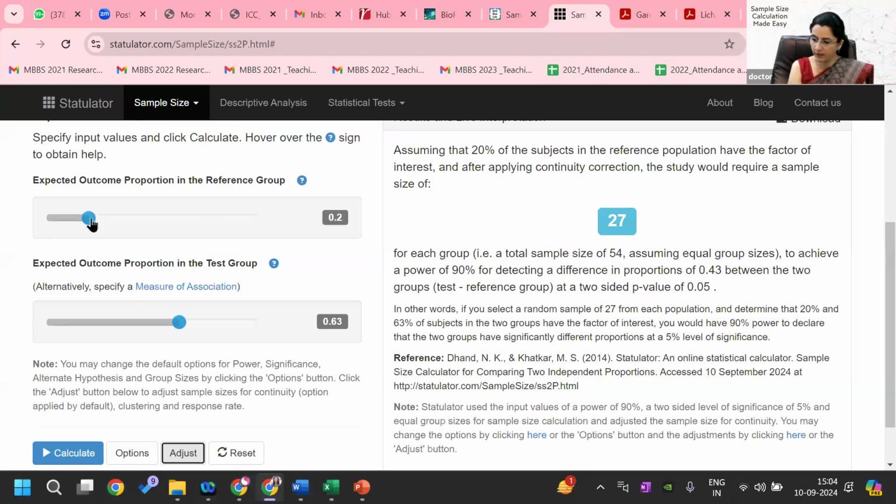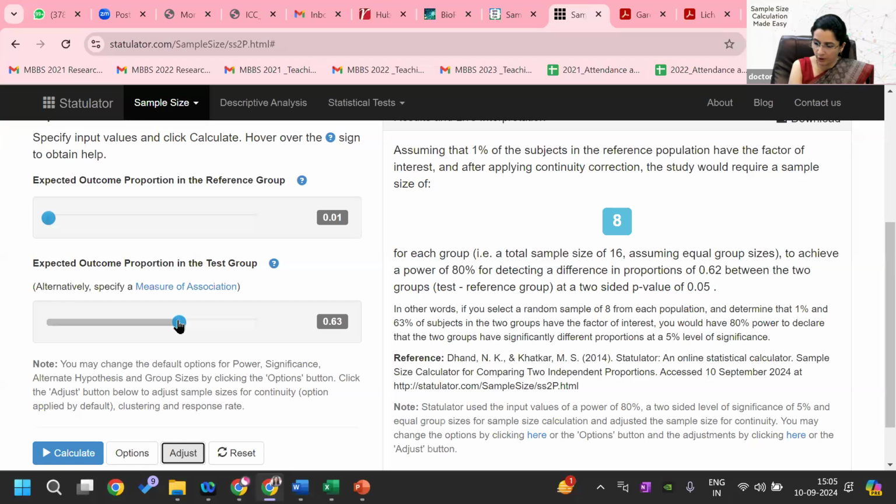What was expected? It was 0.97. So I'll use 0.97 as 0.01. Because if you convert it into value, then it will be 0.009. So 0.009, I am taking it as 0.01.